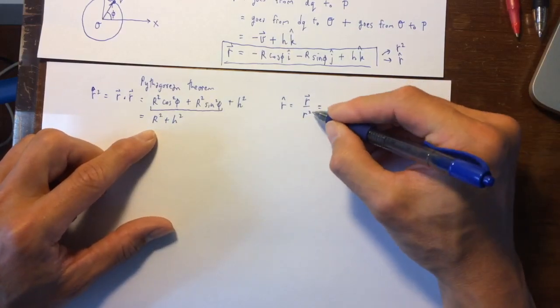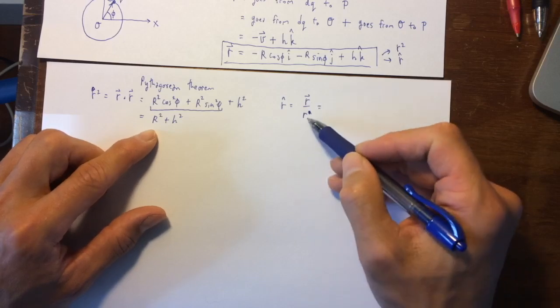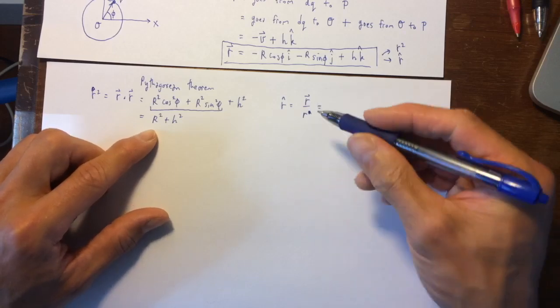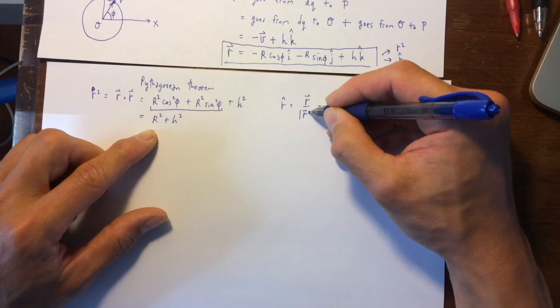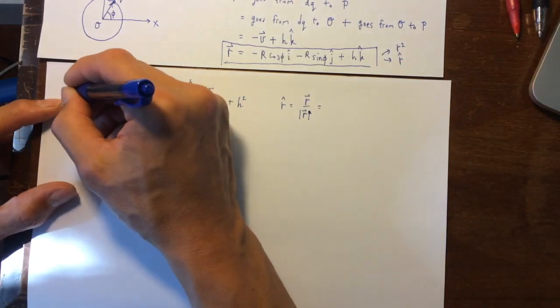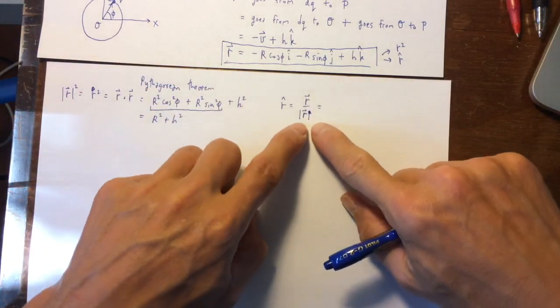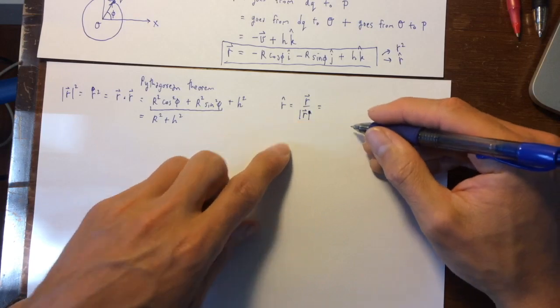So actually, it's not r squared on the bottom. The unit vector is the r vector divided by the length r. So it's actually the vector's magnitude, not the magnitude squared. This right here is the magnitude squared, and what goes here is just the magnitude to the first power.